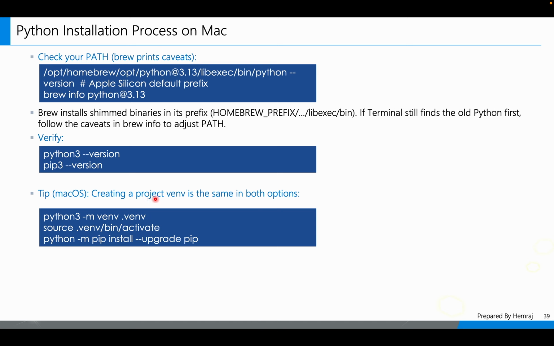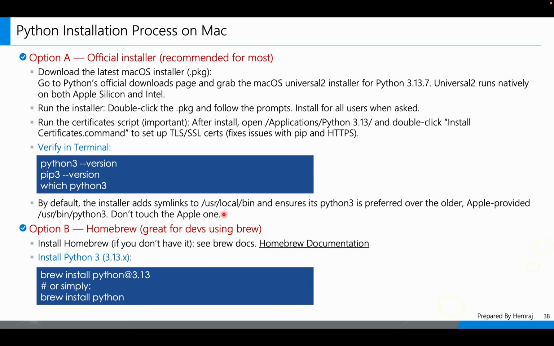On macOS, creating a project environment is the same in both options, right? The project environment will be created automatically, no need to install anything otherwise. So it is very simple, going with the terminal. In the terminal, you check that Homebrew is installed on your system. If not installed, first install Homebrew.